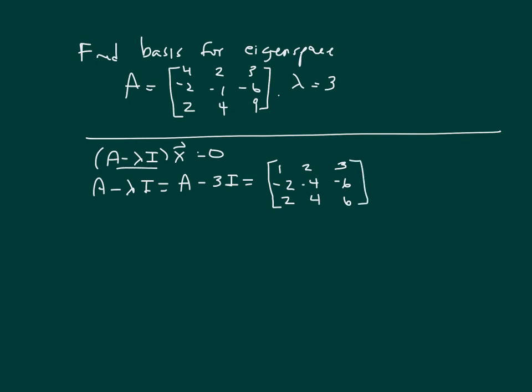And then we're going to set up our augmented matrix according to this equation. Put our 0 vector, and then we just reduce.